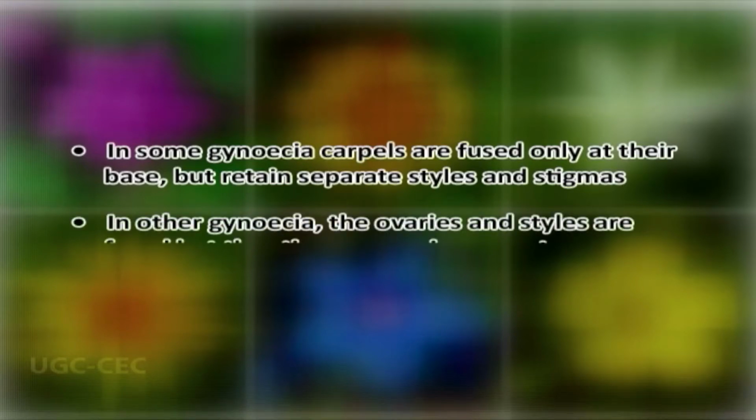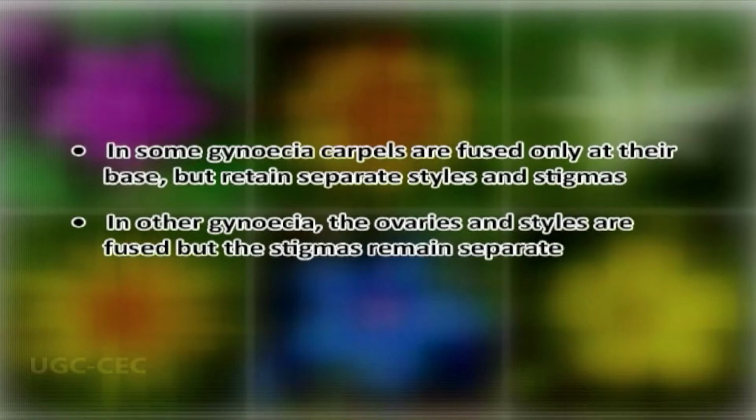In some gynoecia, carpels are fused only at their base, but retain separate styles and stigmas. In other gynoecia, the ovaries and styles are fused, but the stigmas remain separate. Sometimes, as in Apocynaceae, carpels are fused by their styles or stigmas, but possess distinct ovaries.